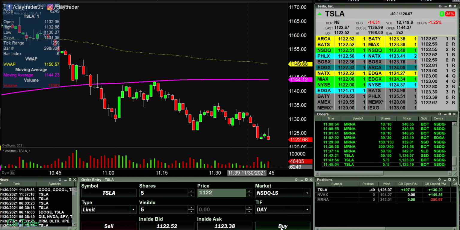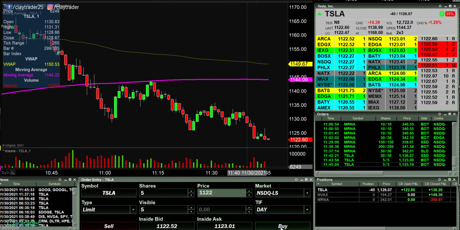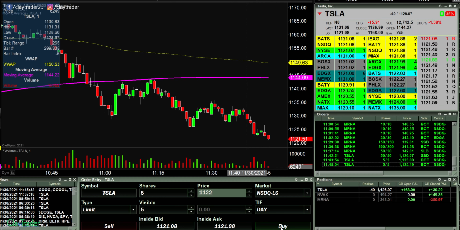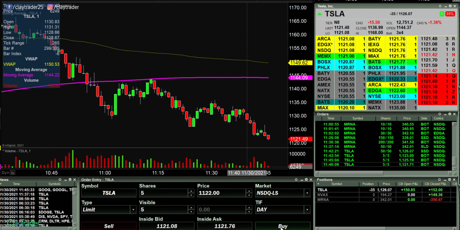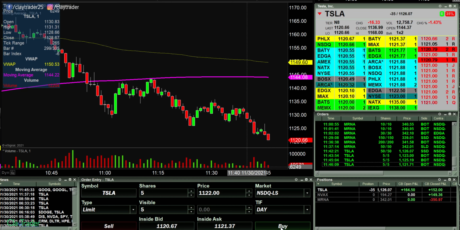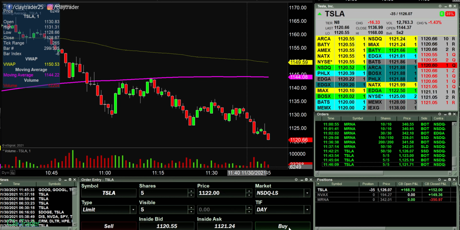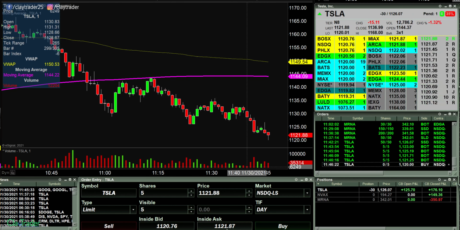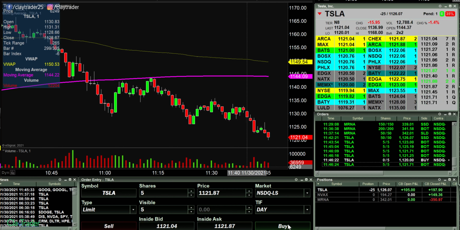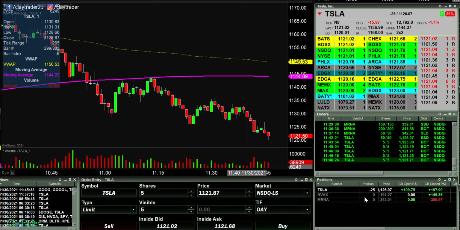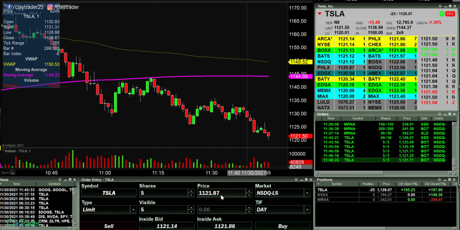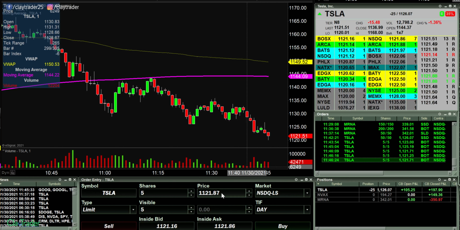With a candle like that, you got to like where this thing could potentially go. Fantastic. Can we get the break of 1120? Going to be stubborn. But let's see what happens.